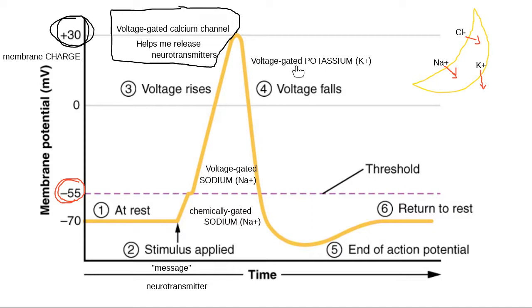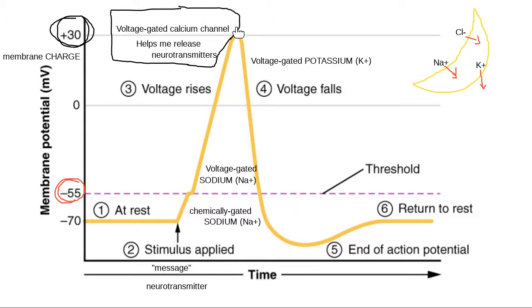How do I open those? Yeah, so Kaylin's right. Gated means we're not always open. And the way that I get us open is with changes in my charge, with voltage problems.